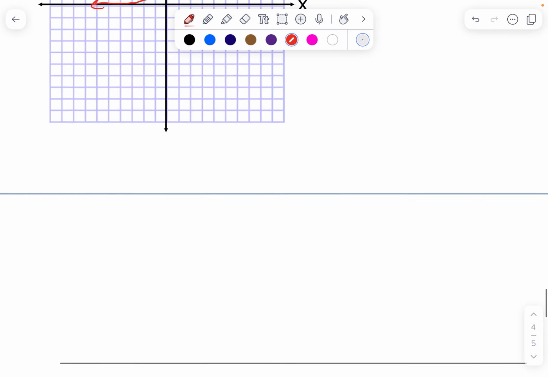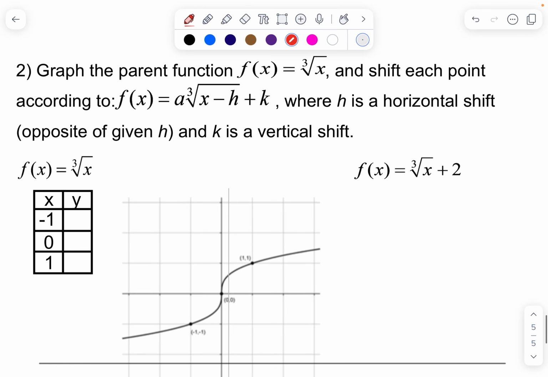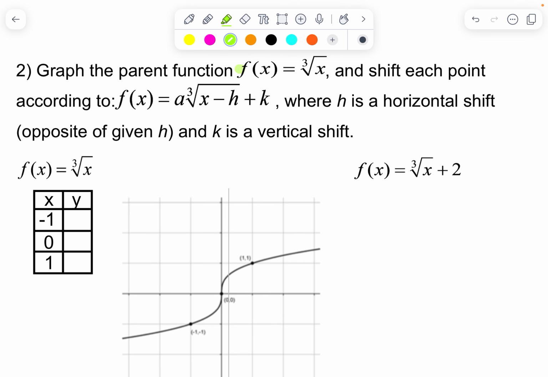Okay. Option 2, very similar to option 2 for square roots. Graph the parent function of f of x equals the cube root of x and shift each point according to f of x equals a times the cube root of x minus h plus k, where h, once again, is the horizontal shift, and it's always opposite of the given h, and k is the vertical shift.